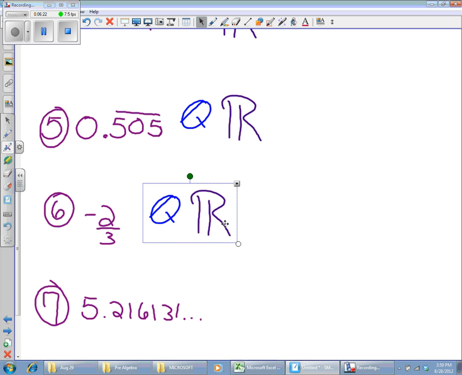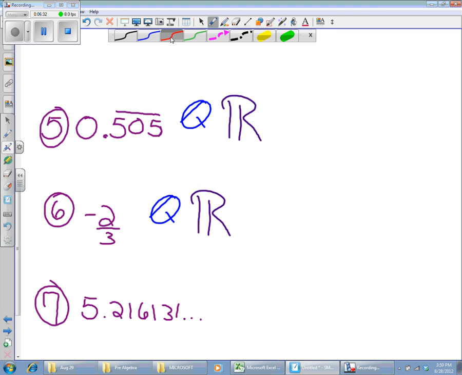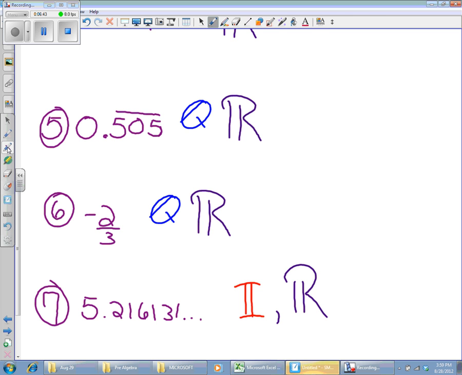Remember that fractions don't show up until the rational numbers. And then number 7 is a decimal that goes on forever without repeating, which makes it irrational. But of course, it is automatically real because every number we deal with in here is a real number.